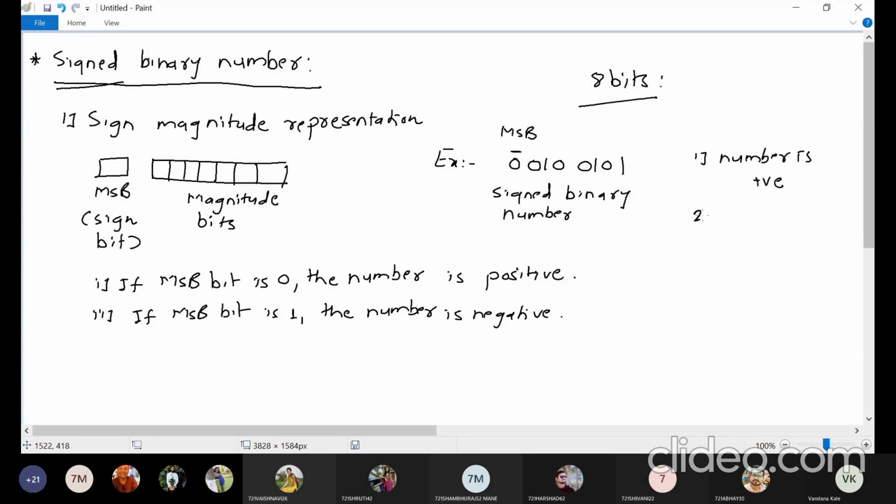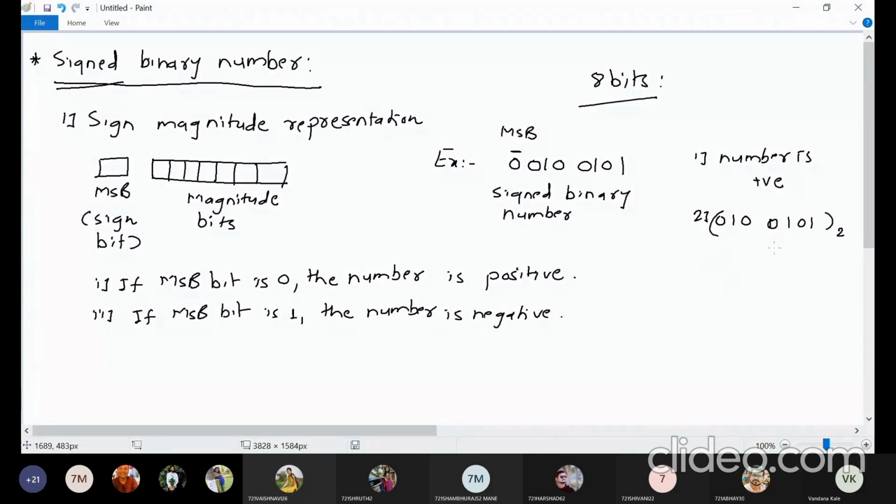Now the second thing is: what is the decimal equivalent of this number? To find the decimal equivalent, we will not consider the MSB bit, because the MSB bit represents only the sign. So in the second step, we write down the remaining number and find its decimal equivalent. How do we calculate the decimal equivalent?